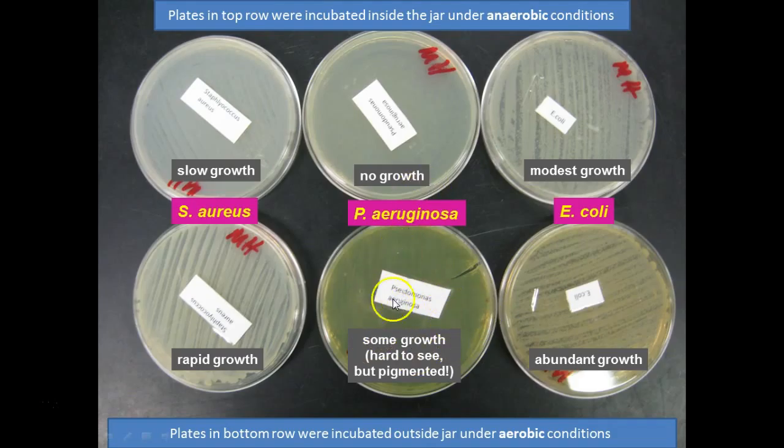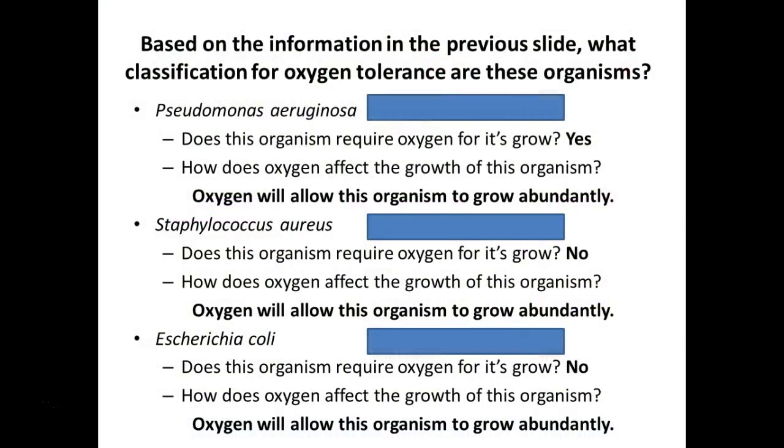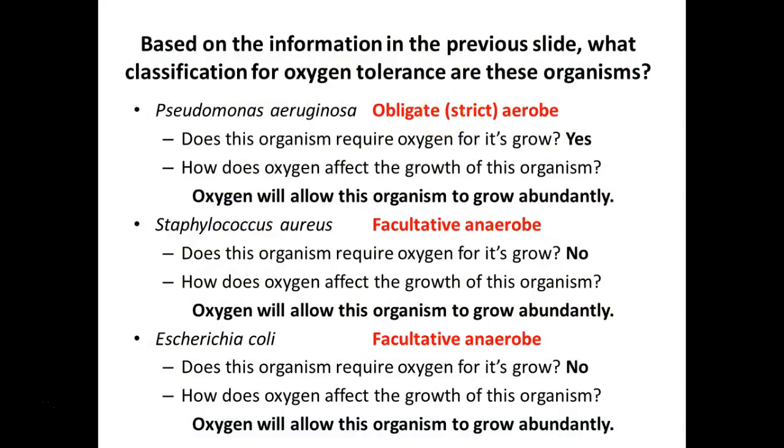Pseudomonas, it's hard to see its growth, but it produces a green pigmentation under certain conditions. So you see this green pigmentation, it grew under aerobic conditions outside the jar. But you don't see any pigment inside, right? It was killed. There was no growth. So this is an aerobe. Our Staph and our E. coli are both facultative anaerobes.